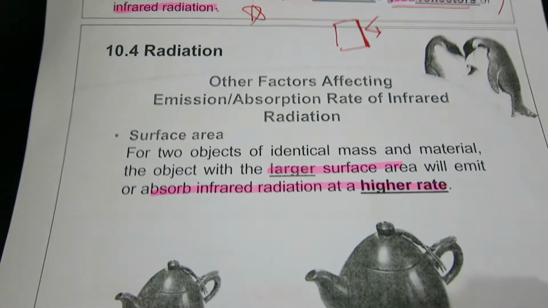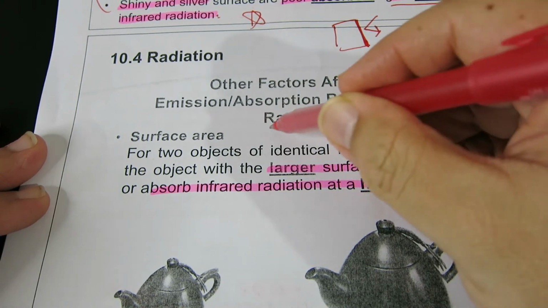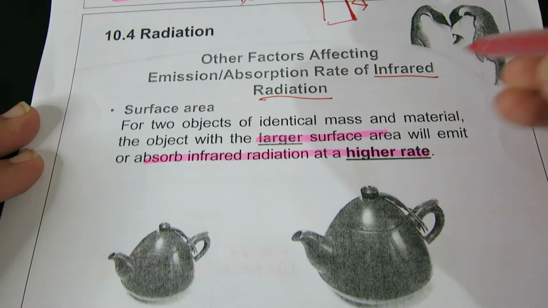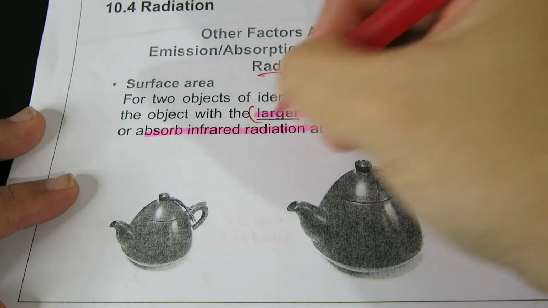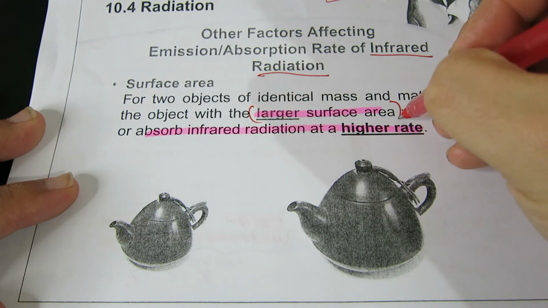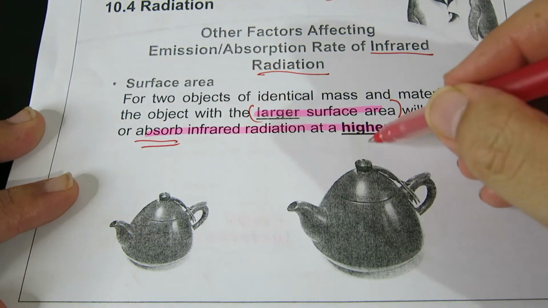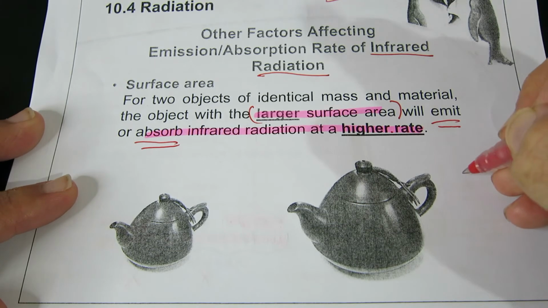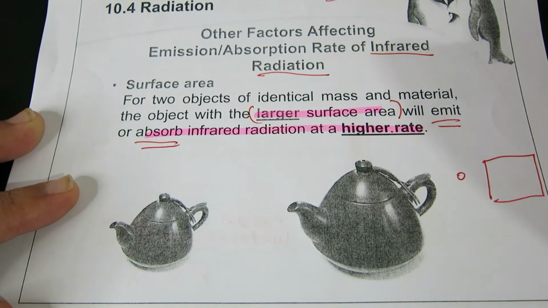Alright, so other factors affecting emission and absorption rates of infrared radiation. If you have two objects of exactly identical mass and material, except that one object has a much larger surface area, it will have a tendency to emit or absorb infrared radiation at a higher rate. This one is quite logical. I have an object here, small, as opposed to the same object, and I flatten it out.